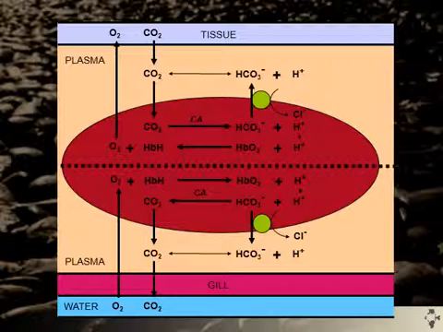Many of the processes that we're going to be discussing, especially in the osmoregulation lecture, have to do with the exchange of anions for other anions, cations for other cations, to allow these chemical equilibria to be balanced. So as hydrogen ions are consumed, they are often exchanged for chloride ions to balance charges. And again, that's illustrated here on this figure.